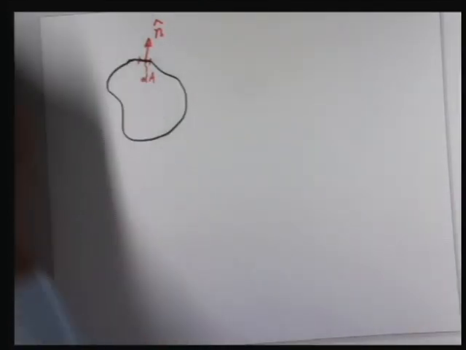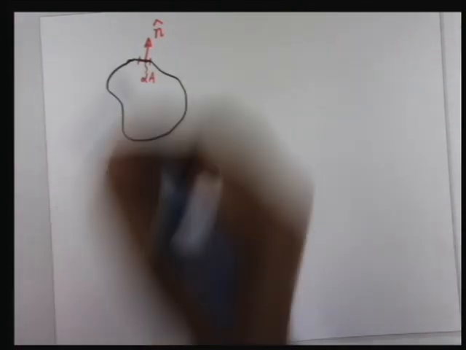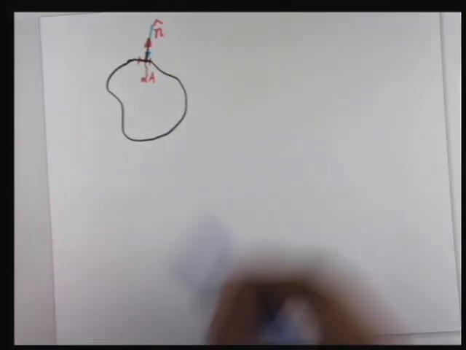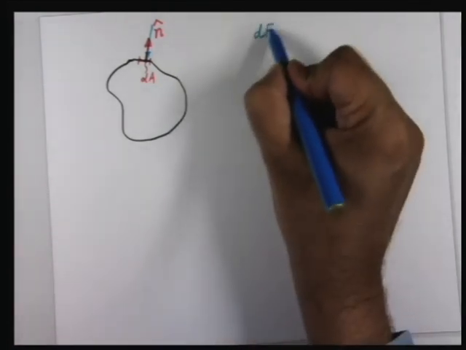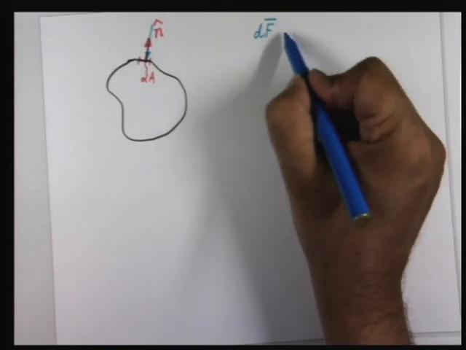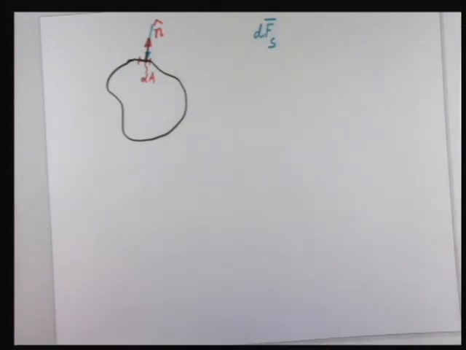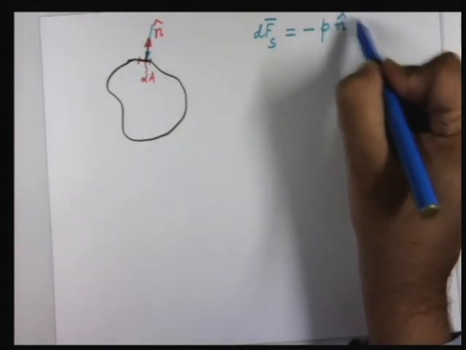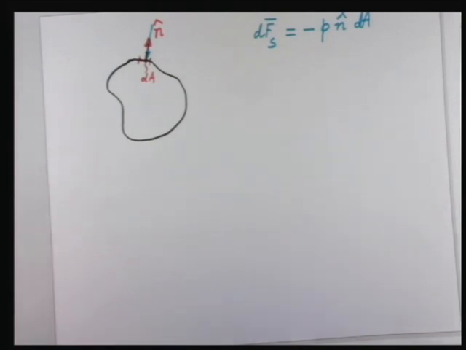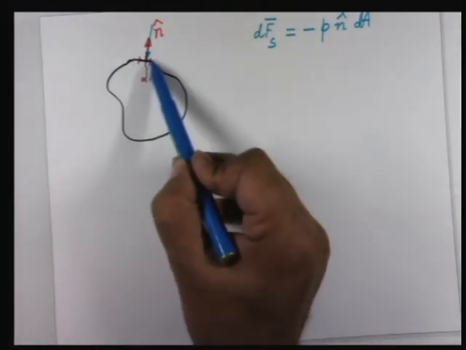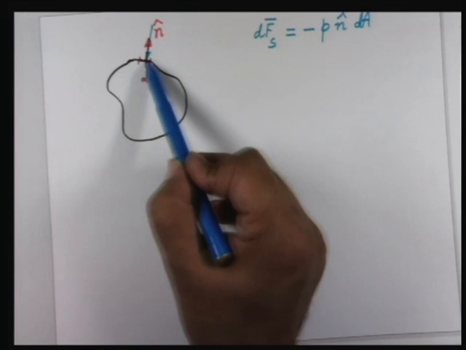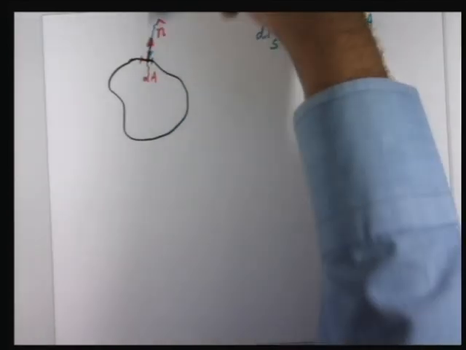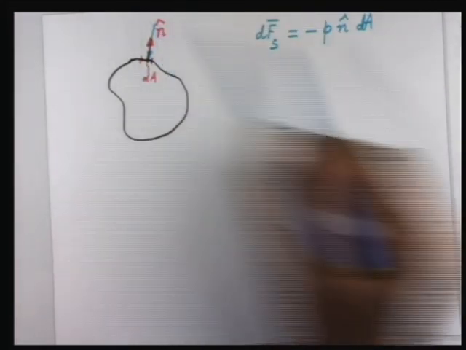Now, if you look at the force here, the pressure force is going to be downwards. So dF, let us say dFs for the surface force, is going to be minus P n dA. The magnitude of the force is the pressure at this point, P into dA, and it is a compressive force acting normal to the surface. n is outwards, so you have the minus sign.